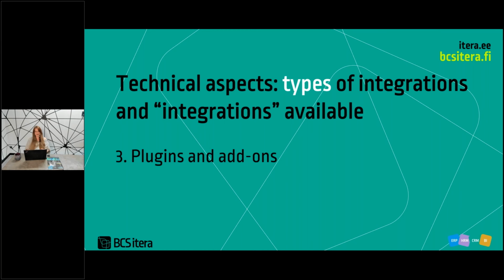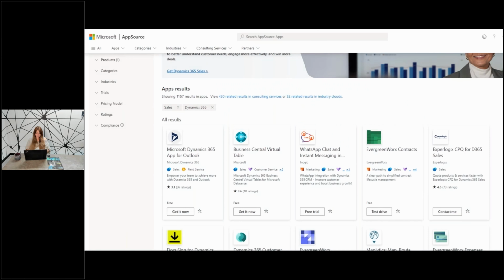Another low risk area is plugins and add-ons. The logic here is very much the same as with all the apps you're potentially using on your mobile phone. Whether you're using the Play Store or the App Store, there are all kinds of minor apps that you can use for your phone. The same way, you can use apps and plugins developed by Microsoft partners and available in app stores.